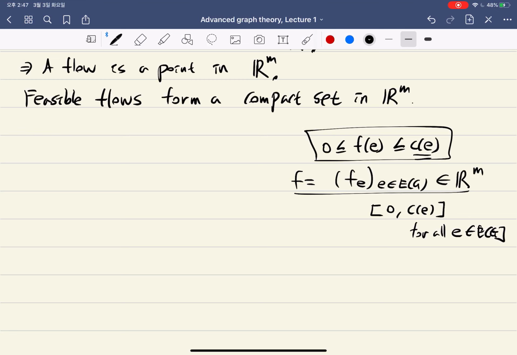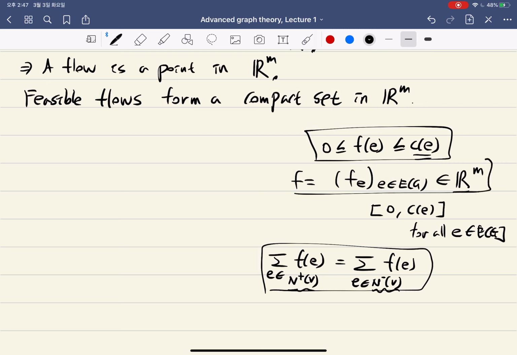And then further, you have to satisfy some linear equality, which is the summation of this f(e) for all edges entering v being the same as the summation over all the edges which leave v. So in terms of R^m, these are the summation of certain coordinates, and these are the summation of certain coordinates.